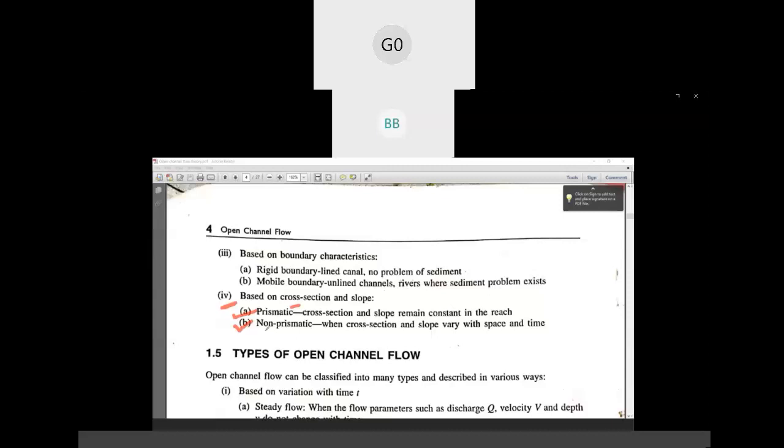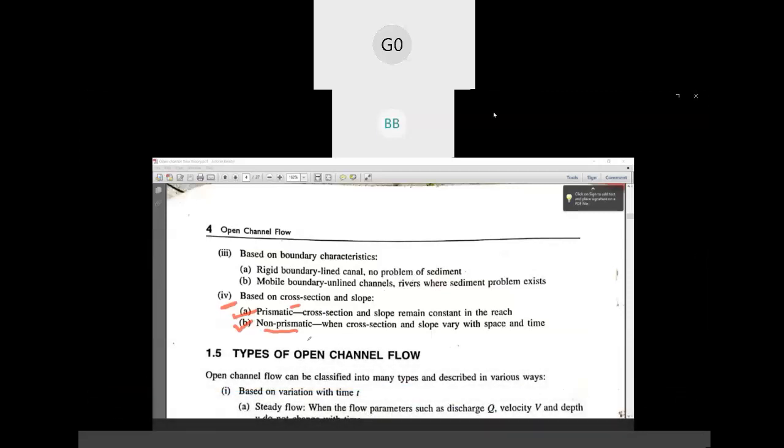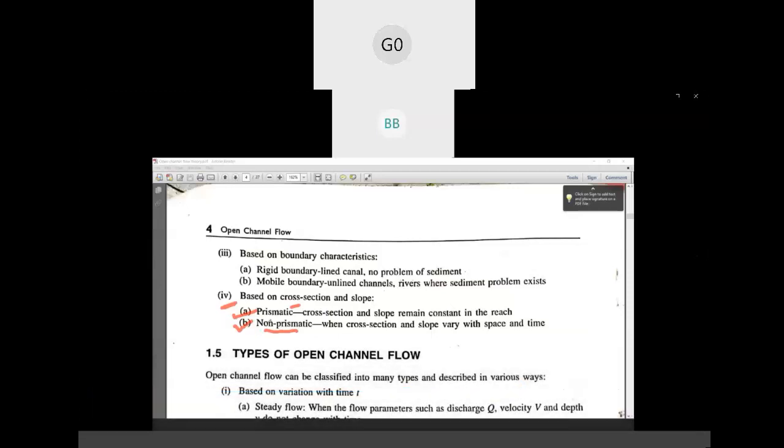And non-prismatic when it's not constant. Like suppose you consider a river, where we can see that the slope of the channel or the width of the river are all not fixed or not constant, it is varying. So those are called your prismatic and non-prismatic channels.